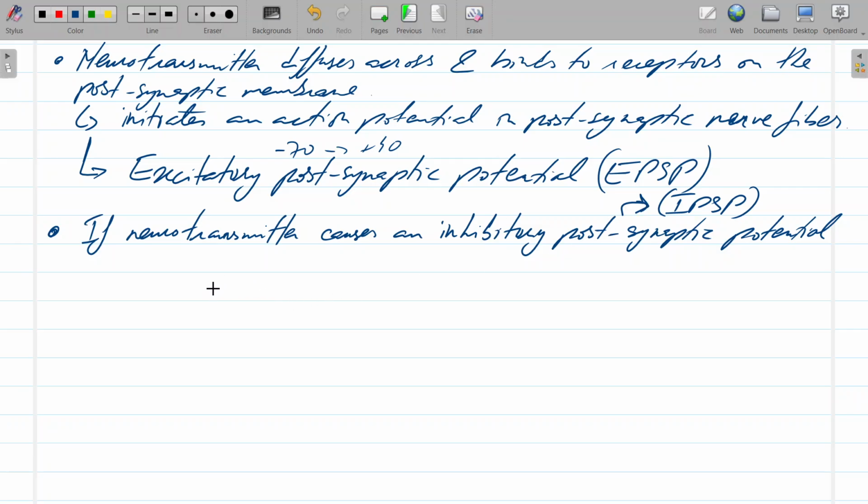And what that does is further polarize the fiber, making the inside of the fiber further negative.